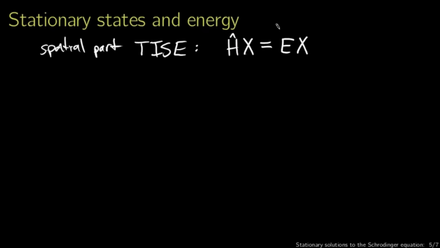Since H is an operator, I should say the Hamiltonian operator acting on the spatial part is equal to E just multiplied by the spatial part.